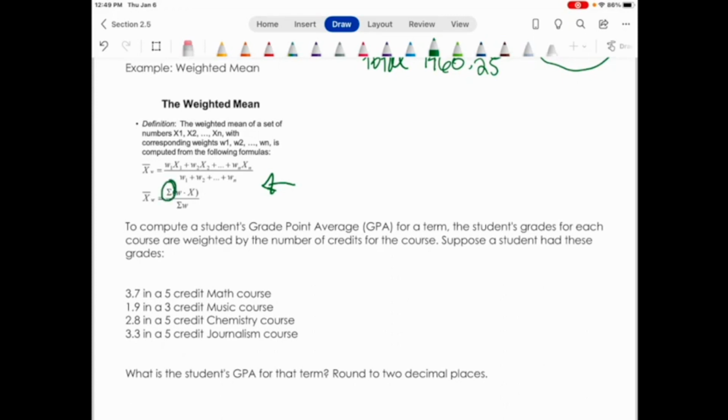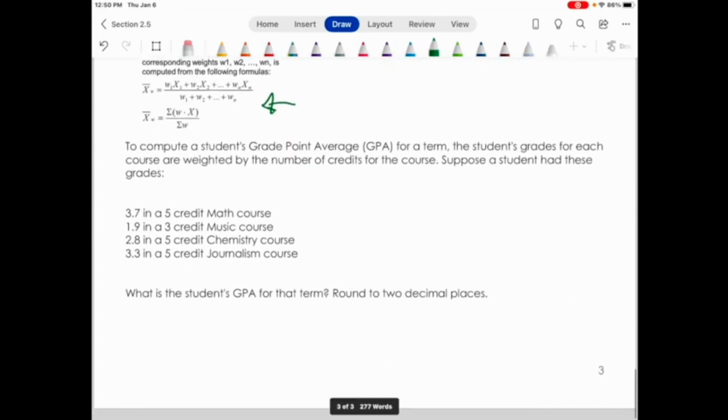Remember, that symbol means we're going to add them all up. So this is saying we're going to multiply each weight times each value of x and add it up. And then we're going to divide by the sum of all the weights. That's what those fancy symbols mean.